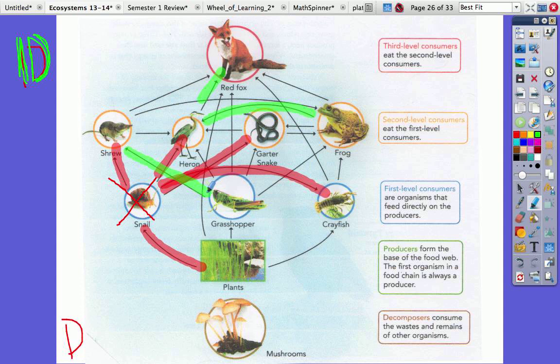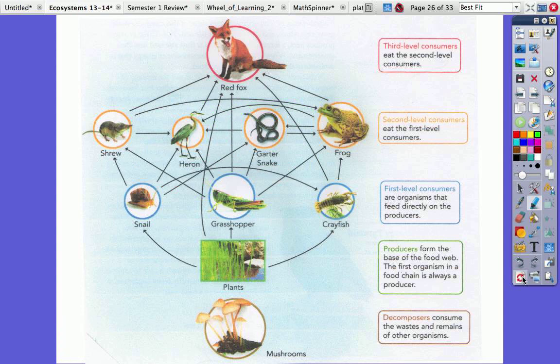So what happens here is if the snail population goes away, and let's say it's diminishing, that means the shrew will actually lose a food source. So it will add what we call feeding pressure to the grasshopper. The shrew losing a food source could make it diminish some. That's a direct effect. This is an indirect effect, making the grasshopper population possibly decline.